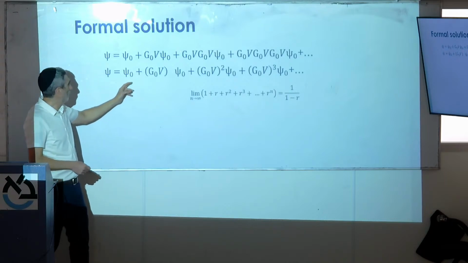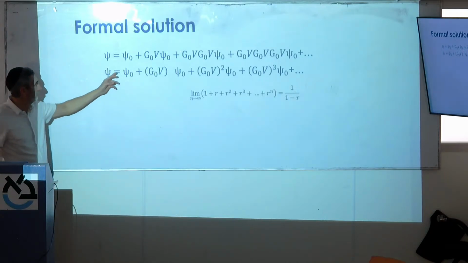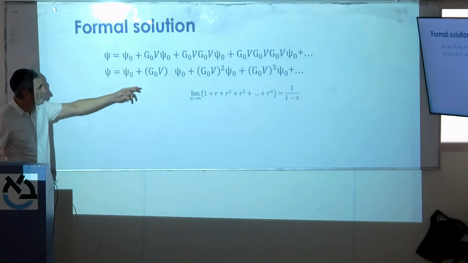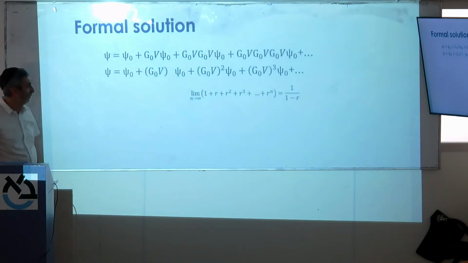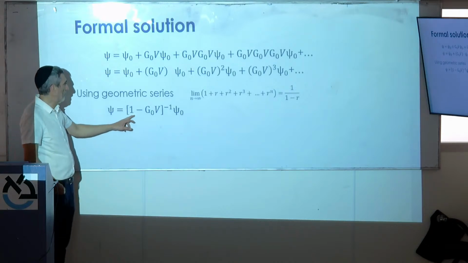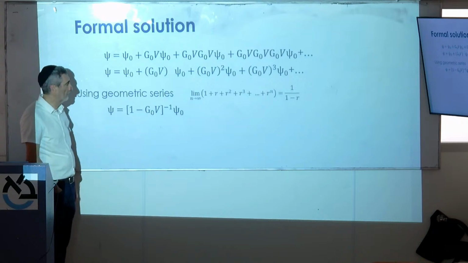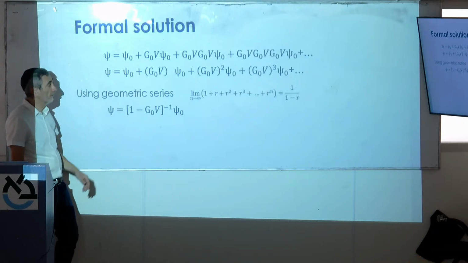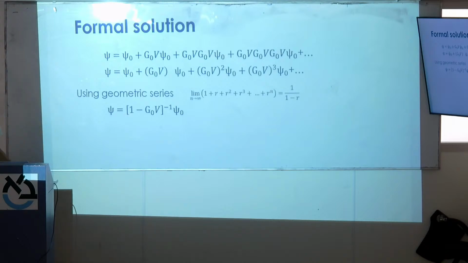You get psi 0 times 1 plus g0v plus g0v squared plus g0v cubed, and you can use this formula. And that's what you get: psi is psi 0 divided by 1 minus g0v, in the limit where you have an infinite number of terms, an infinite number of scattering events in the system. All this is formal, but it's very convenient to manipulate.